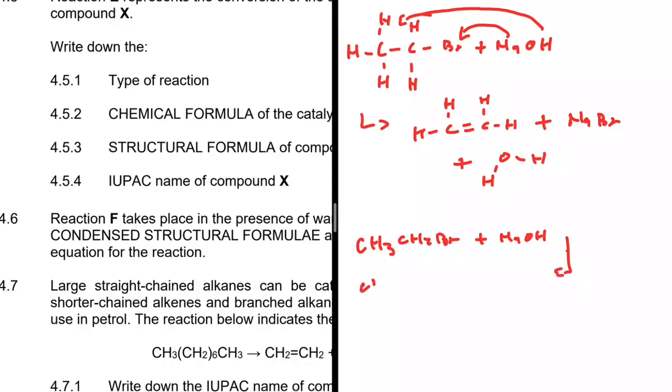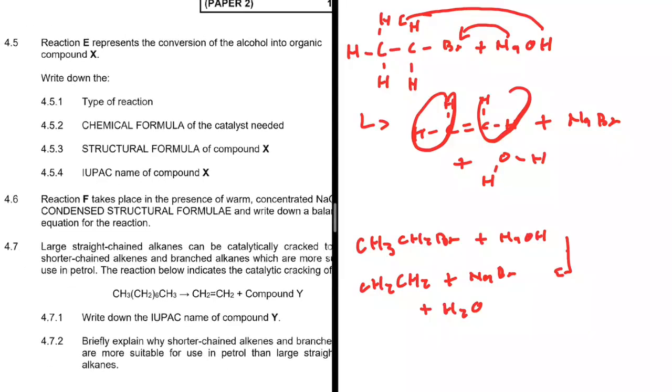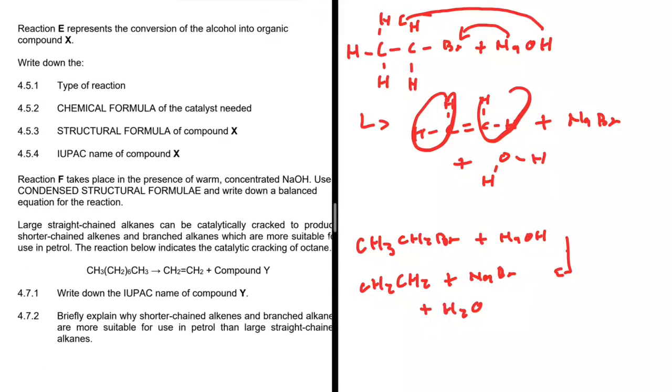This gives us CH2CH2, as you can clearly see, plus NaBr plus, not NaOH, but H2O. There we go. That is the condensed structural formula equation for reaction F.